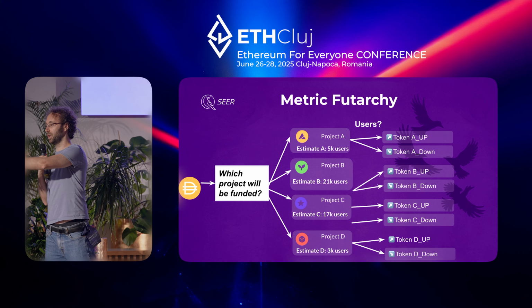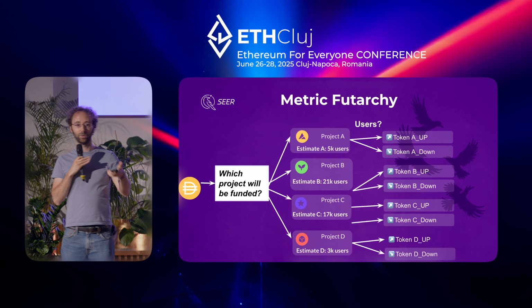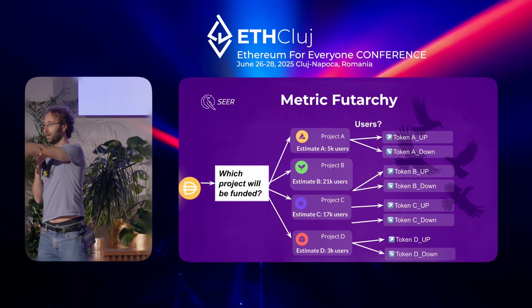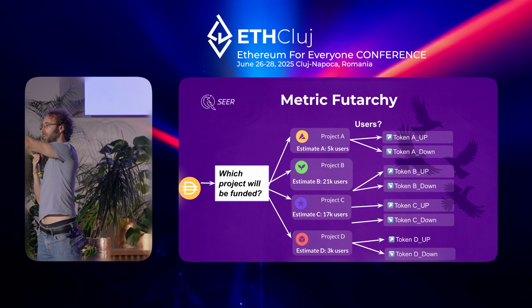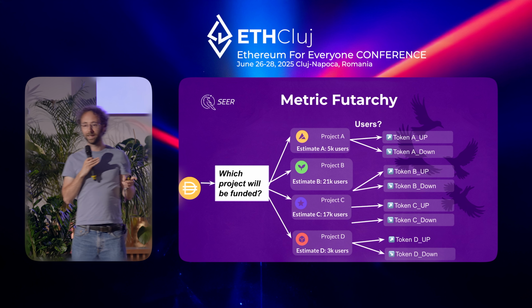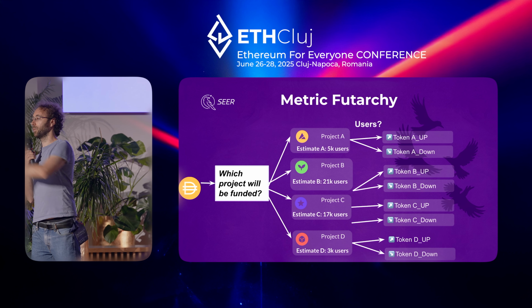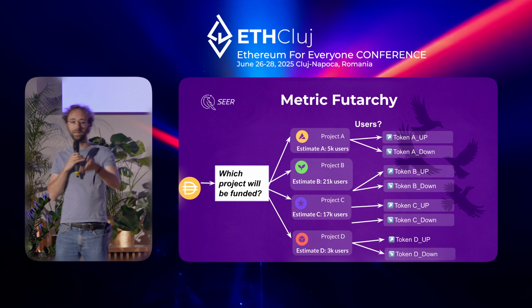So you have all those communication projects which come. They ask, hey, can you give us some money? And we're going to do some communication for you. So you put in your DAI, you get a token of each project, and now on each project, you ask if we fund this project to communicate on our project, what would be the amount of users that we will have in 6 months.